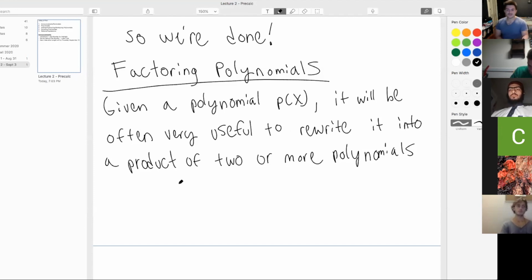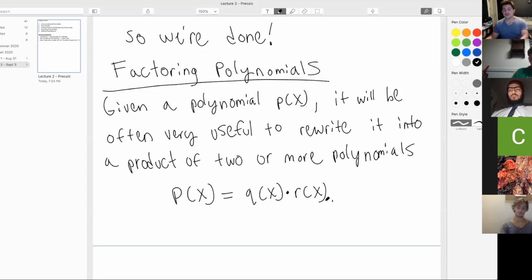All that means is that I would like to rewrite p of x as q of x multiplied by r of x, where q and r are both polynomials. I'm stripping this polynomial into two factors and writing it as a product. That's what it means to factor.